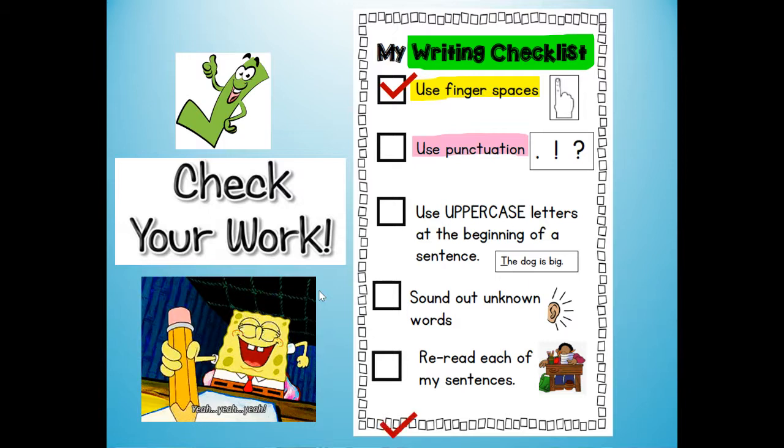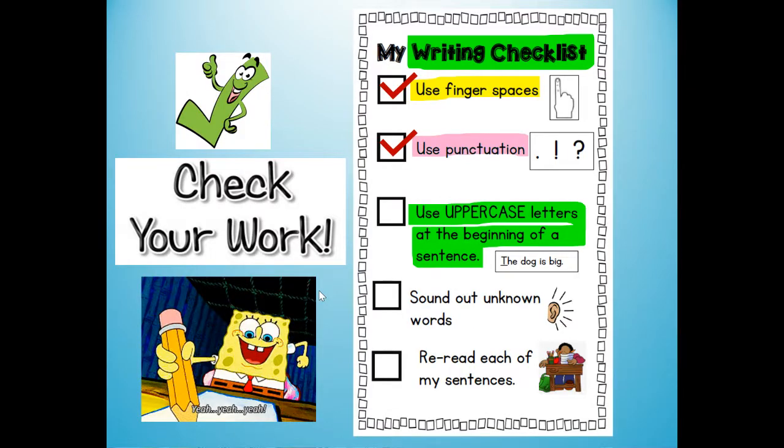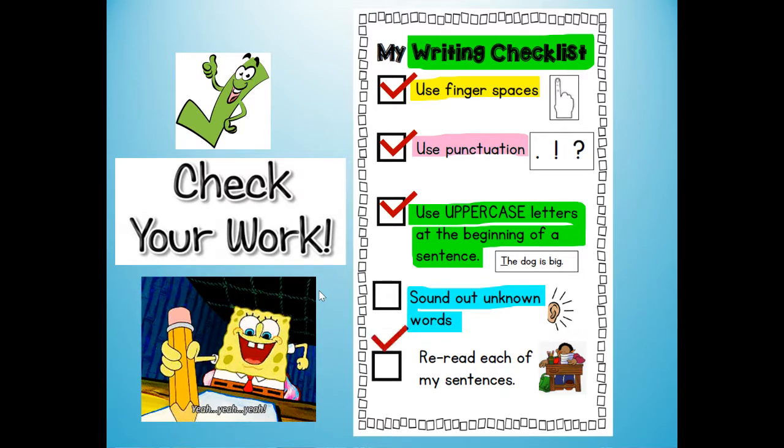And for each sentence, did you put a punctuation mark or period at the end of your sentence? And when you started your sentence, did you use uppercase letters at the beginning of the sentence? And did you use uppercase letters for Bear and Brown Squirrel? That's their names. And then when you wrote a word you didn't know how to spell, did you sound out the unknown words? Did you write the sounds?